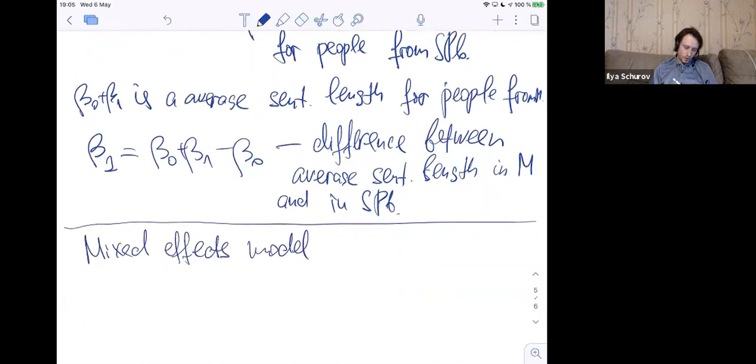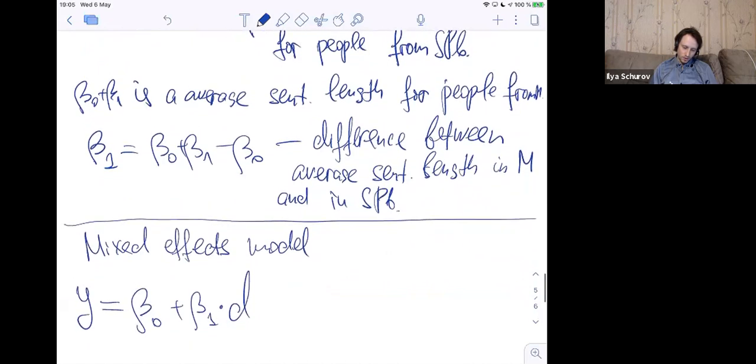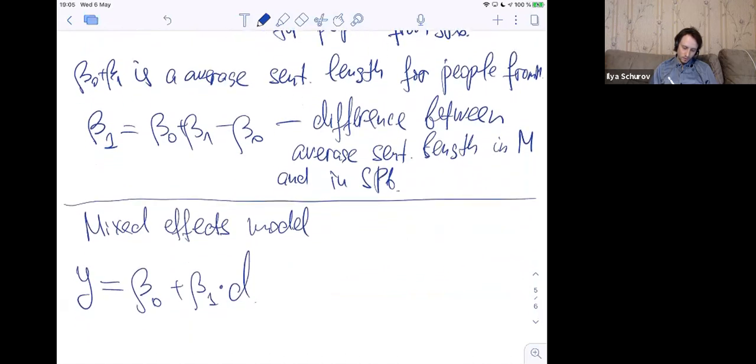In this case, we say that y equals beta naught plus beta 1 times a dummy that depends on the city, plus some value u that depends on the informant.